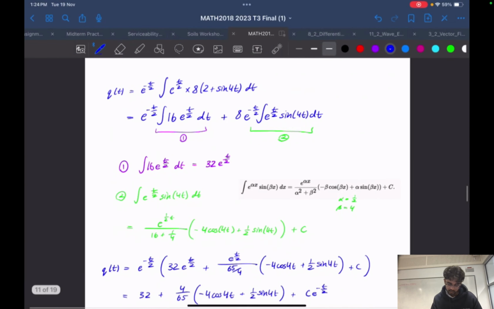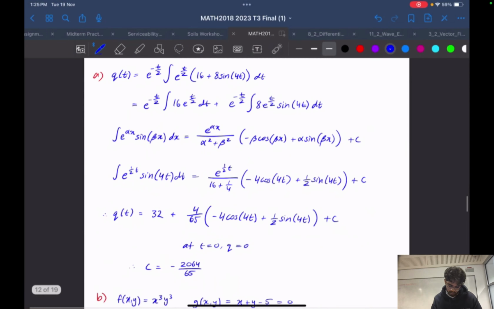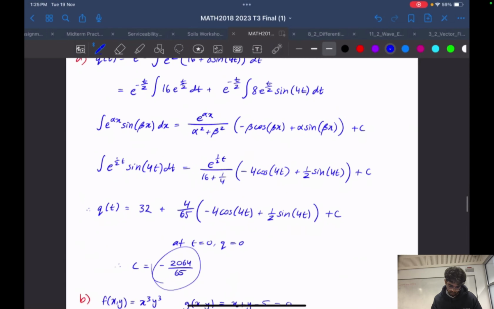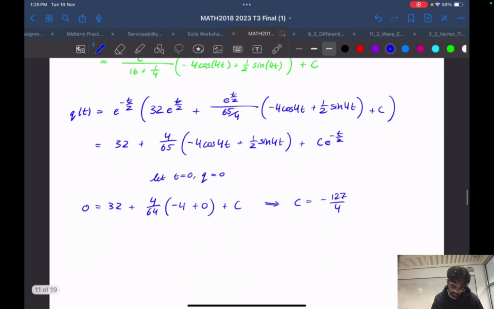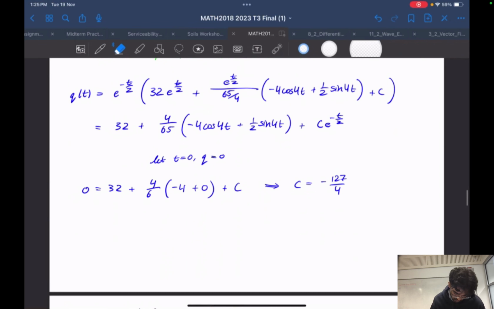I'm getting a different answer to what I had earlier. Oh, that's because I put 64 instead of 65. So I get, yeah, that's correct, minus 2064 all over 65.